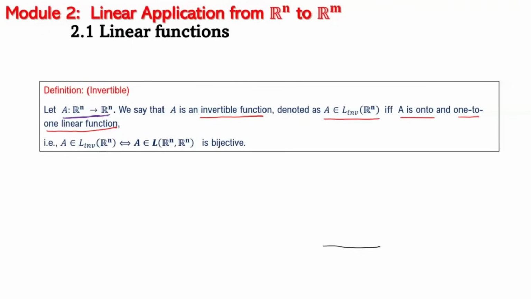Since A is onto and 1 to 1, it gives you the bijective, so it automatically holds good. Therefore we can conclude that A belongs to L inverse Rn if and only if A is a linear function from Rn to Rn and is bijective. Then we call this function invertible. Okay, so this finishes section 1 of module 2.